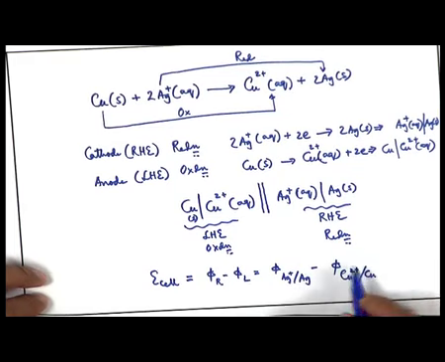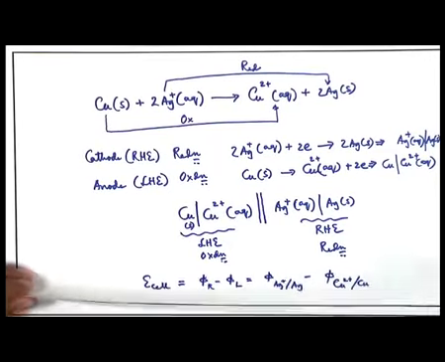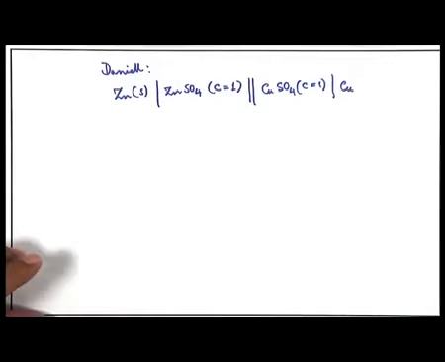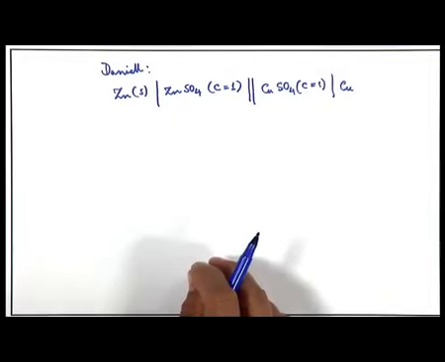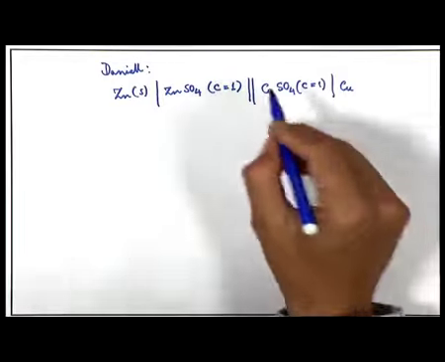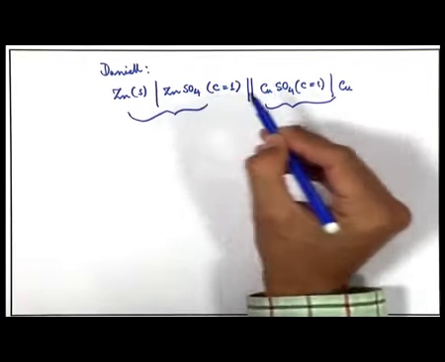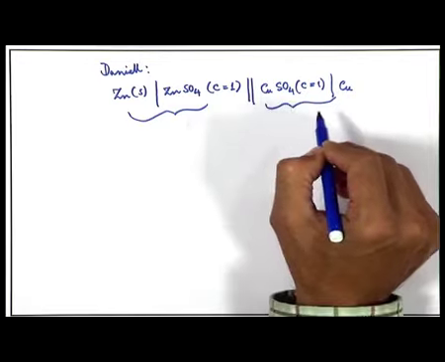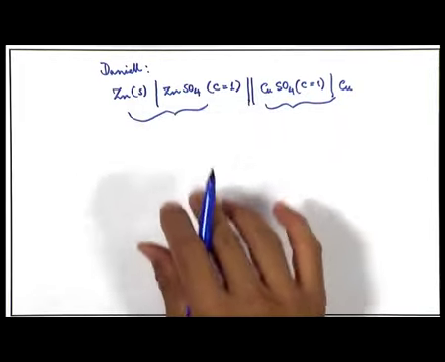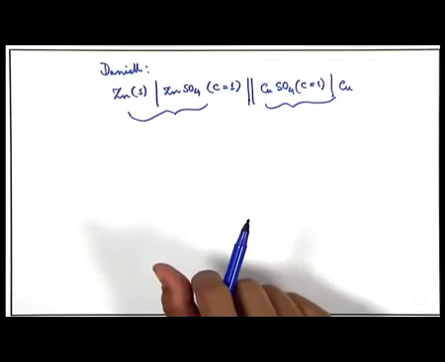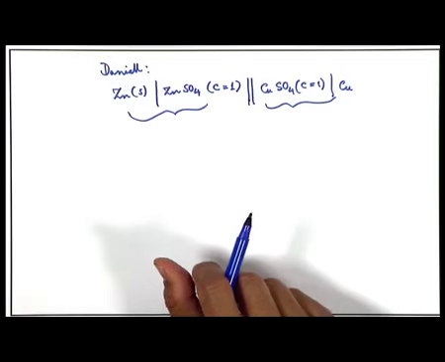So, it is in conformity with the IUPAC convention. You can represent it in the same way. Next, we have two half cells like this, and these are appropriately connected with the help of a salt bridge. Then the system is ready for getting some electricity out of it.